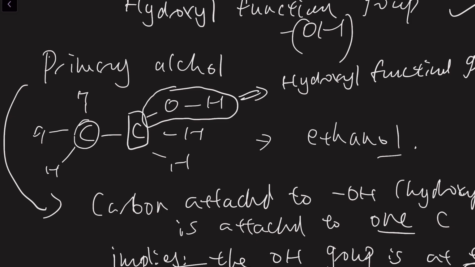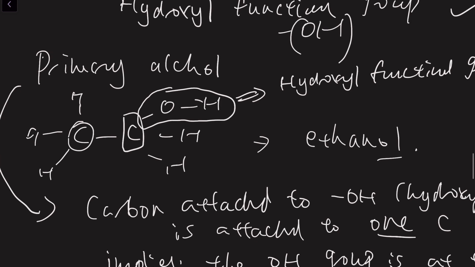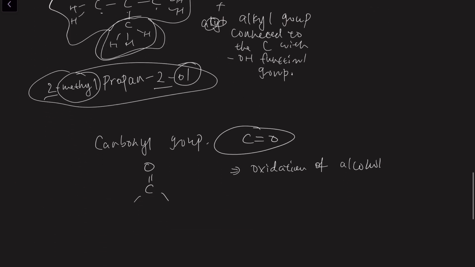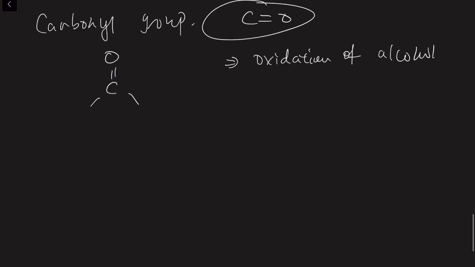So imagine losing this hydrogen and then gaining an extra bond with this oxygen. Also, you need to lose this hydrogen because carbon can only form 4 bonds. And now you have the carbonyl group. So it is really just the oxidation of alcohol. And that's why we talk about the hydroxyl group and carbonyl group together, because they are related.